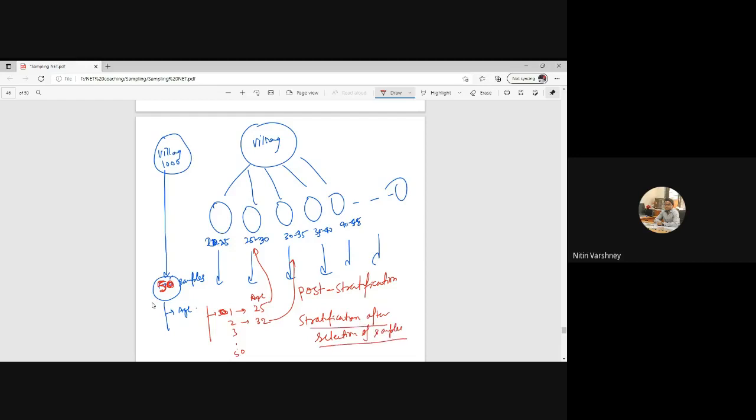Okay, any doubt? No doubt. And so I will move to the next sampling method. So with this we have completed our stratified sampling.